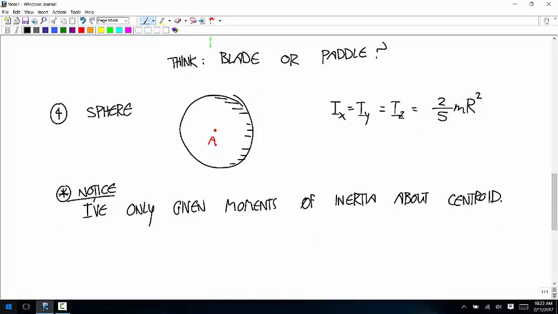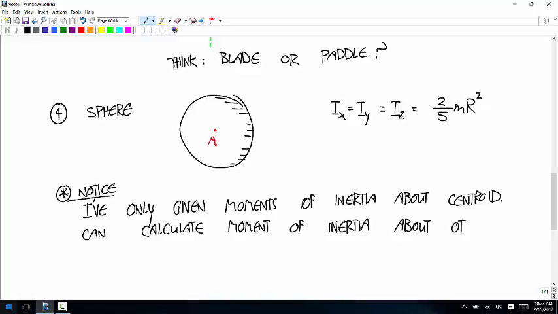We can calculate the moment of inertia about other points using what's called the parallel axis theorem.